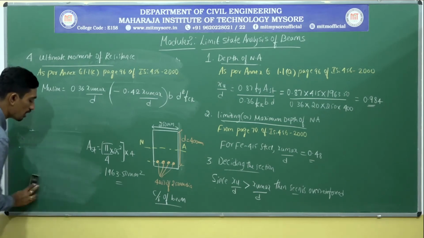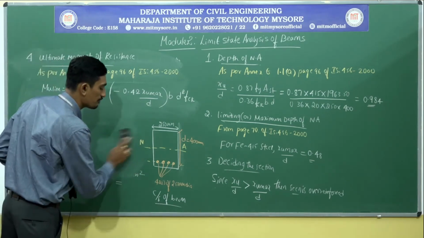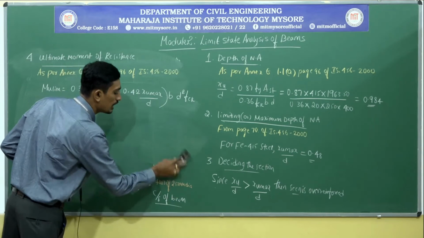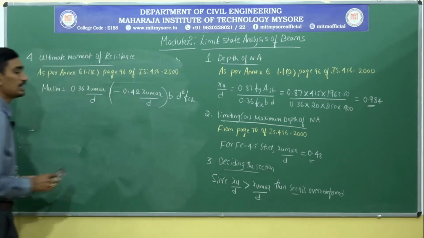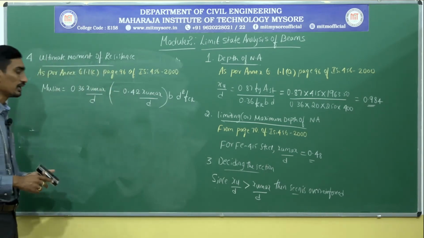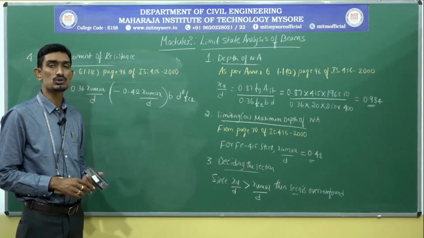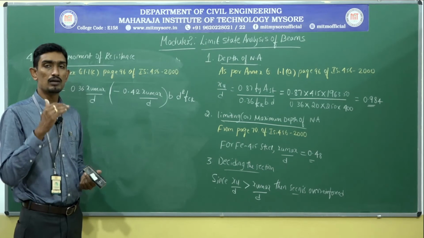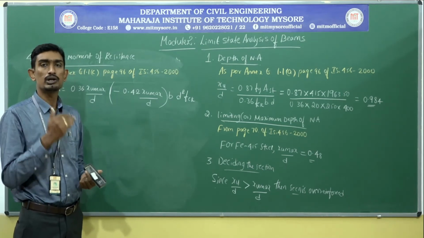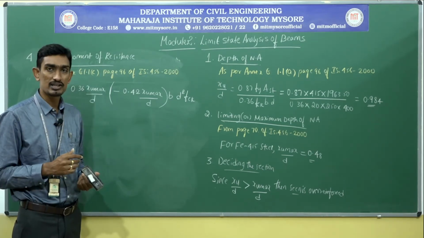So you already came to know from module number 1 what exactly is under reinforced and over reinforced. Since the depth of the neutral axis is going beyond XU max, I am going to limit the moment of resistance.